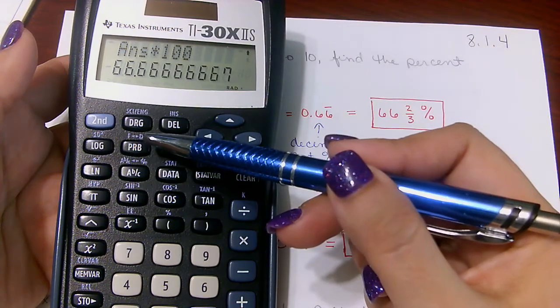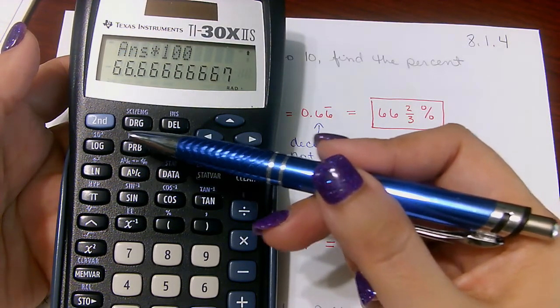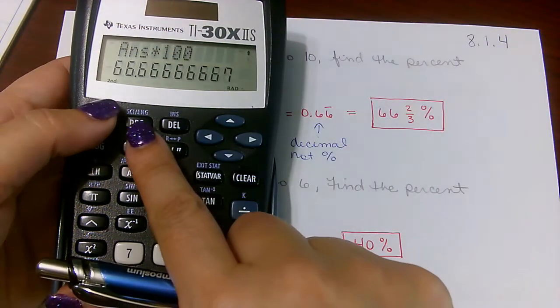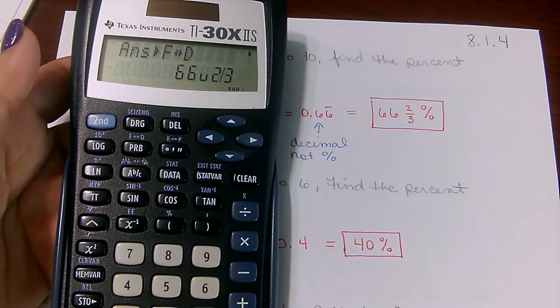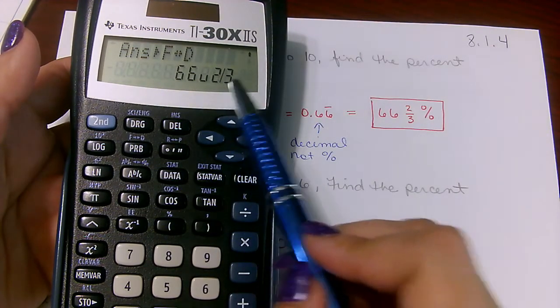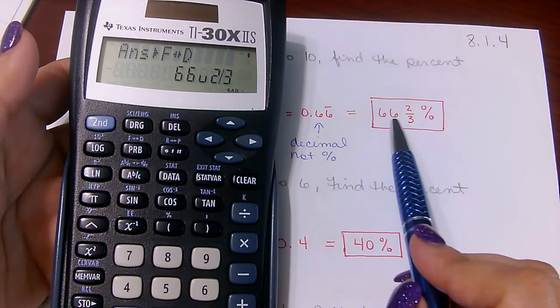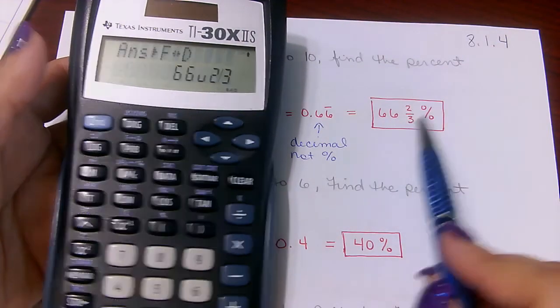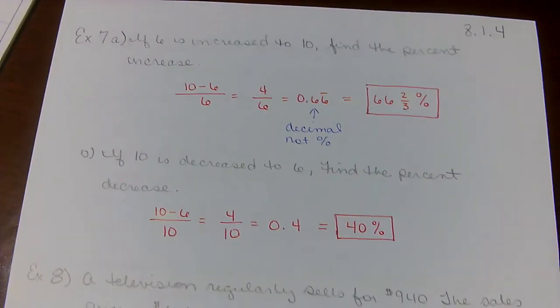If you notice up here, it says F to D, fractions to decimals or decimals to fractions. So if I do second PRB, I'm telling the calculator change it from one to the other. Here's our 66 and 2/3. The U is going to be our space. So 66 space 2/3. Don't forget to add your percent sign.